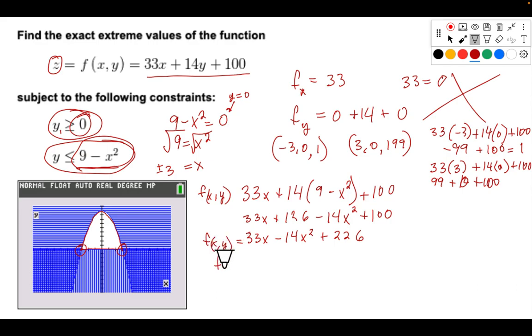We take partials, so the partial with respect to x. 33x becomes 33, right? We took its derivative. Take the derivative of negative 14x squared. 2 comes down, 2 times 14 is 28, x to the first power, right? So we took that derivative. And the derivative of 226 is 0, so it's gone. This we set equal to 0. So we get 33, add 28x to both sides, and then divide both sides by 28.